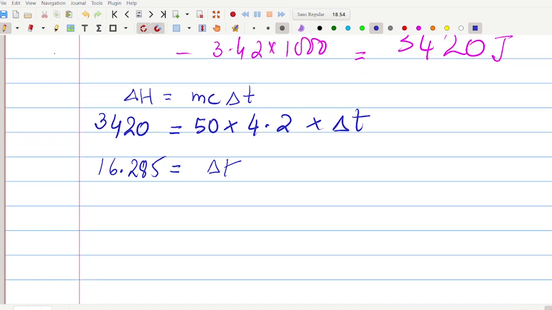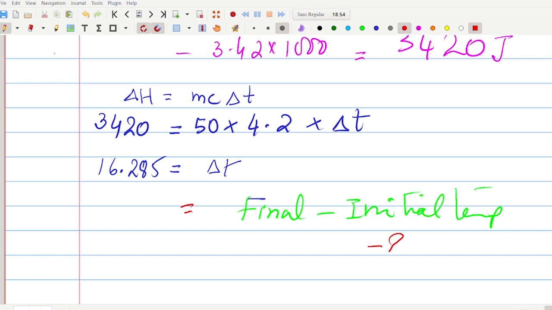So delta T means final temperature minus initial temperature. The initial temperature is 25 degrees centigrade.